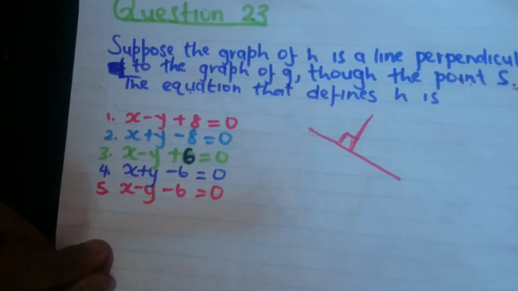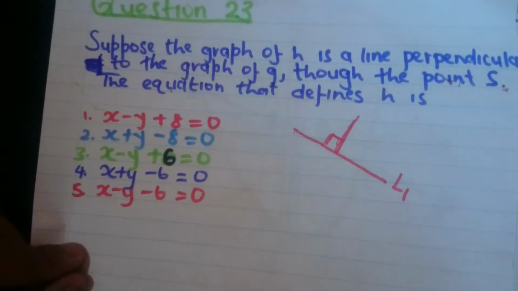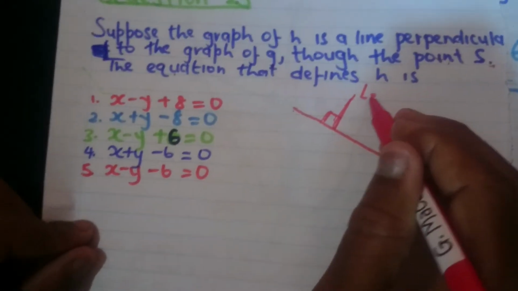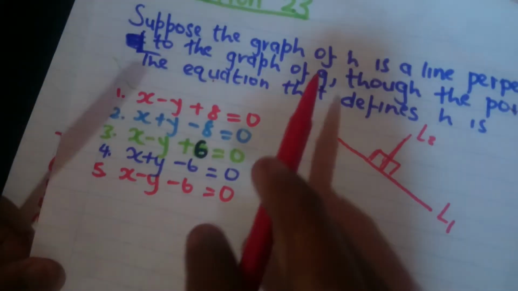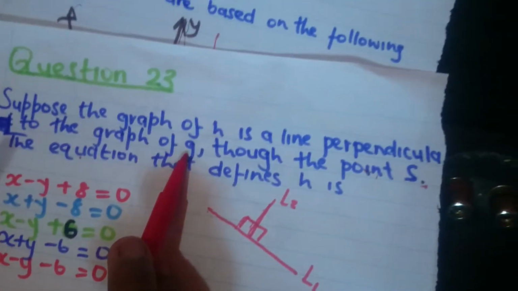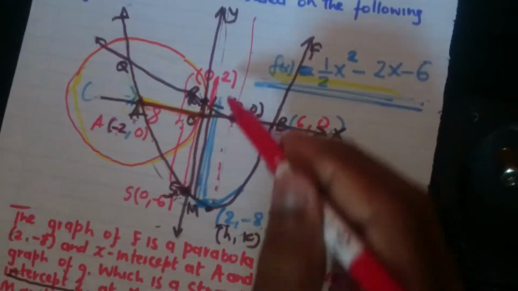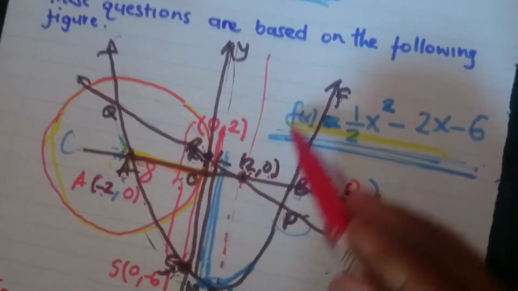These lines are perpendicular to each other, meaning they make an angle of 90. So since the equation says the line of H is perpendicular to the graph of G, this H must be perpendicular to the line of G.